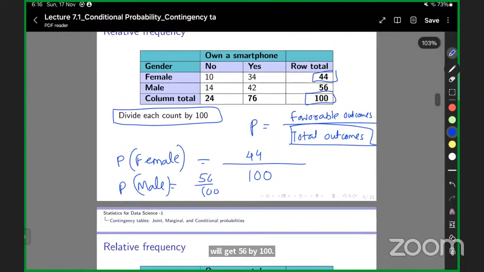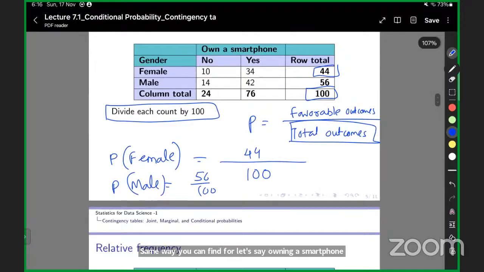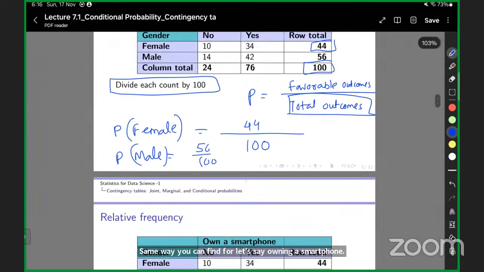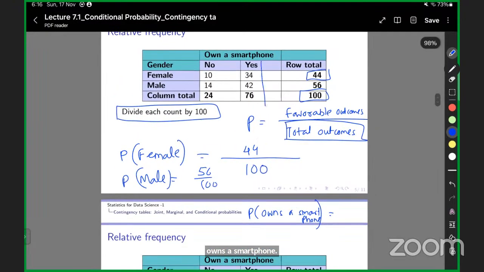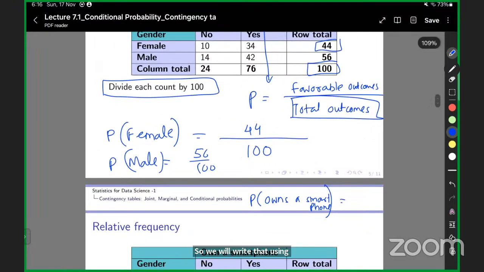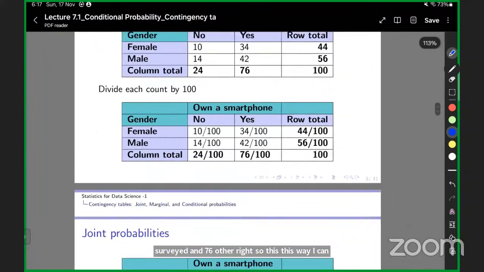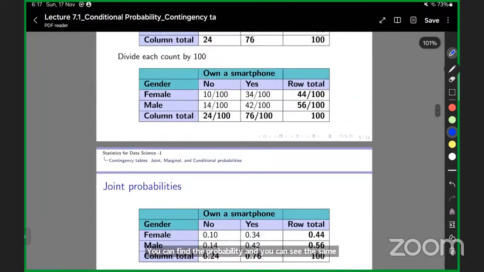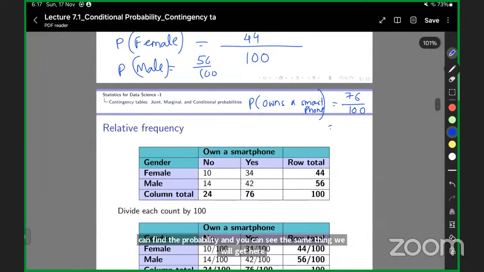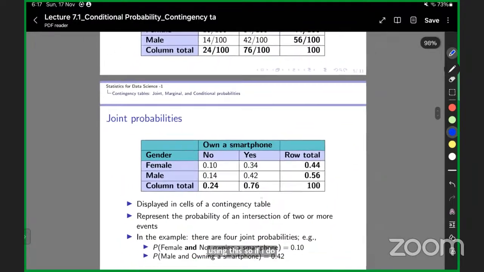In the same way you can find the probability of owning a smartphone. We use this column: 100 people were surveyed and 76 own one. So 76 by 100 is 0.76.